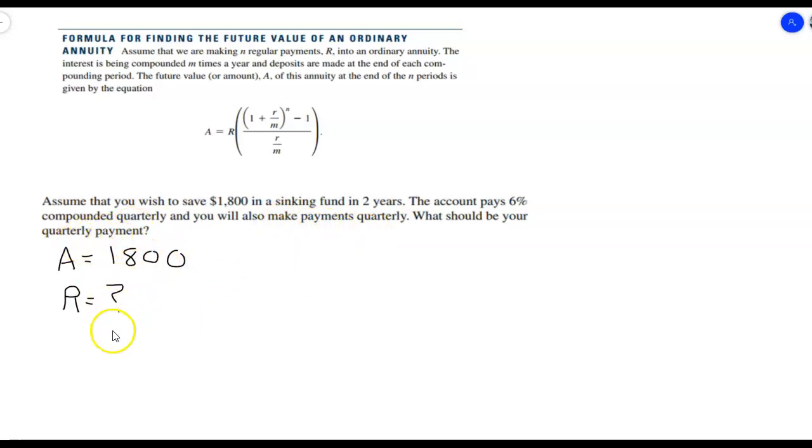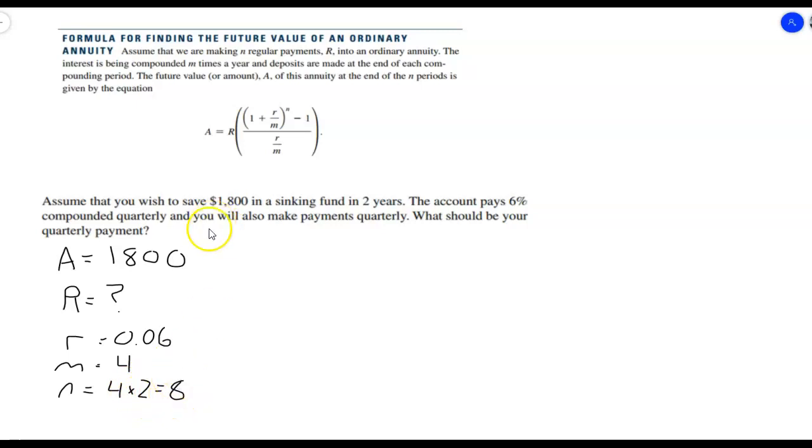Our little r is the interest rate, so that's 0.06. The M is the number of compounding periods per year. This is done quarterly, so that's 4 times per year. And N is your M times your T, so 4 times the number of years, which is 2 years, so that's equal to 8.